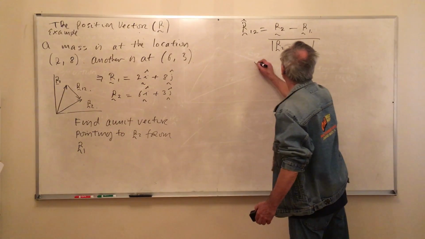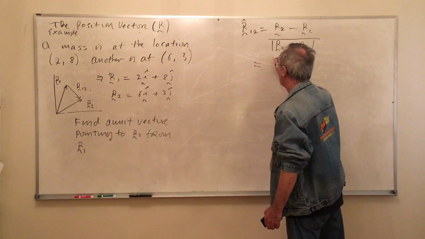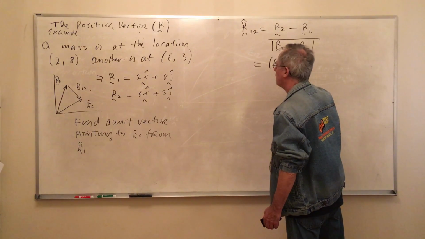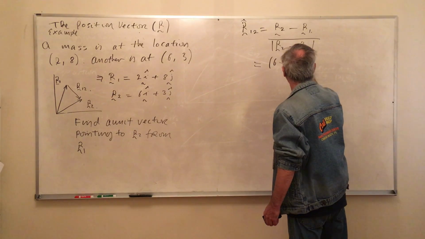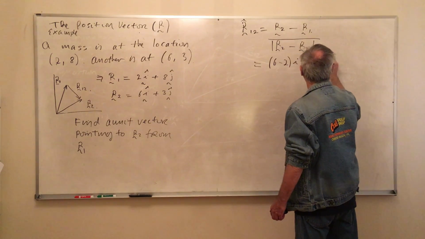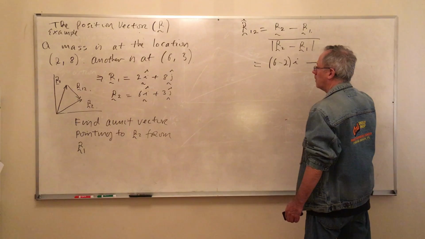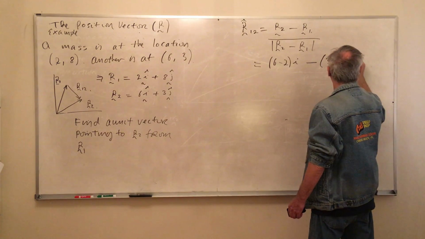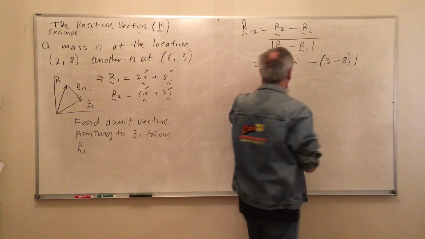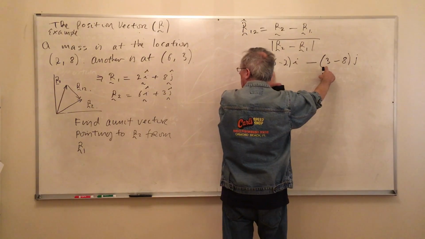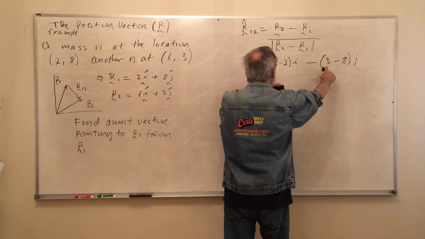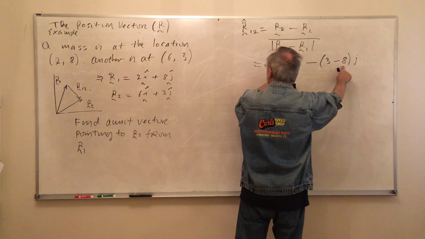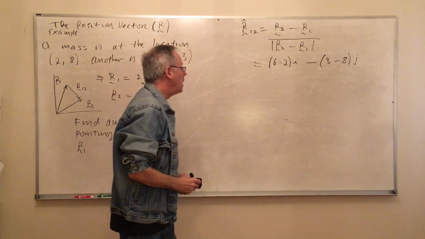So we put in the numbers for that. R2 is 6 plus 3, R1 is 2 plus 8. Subtract them and we get that.